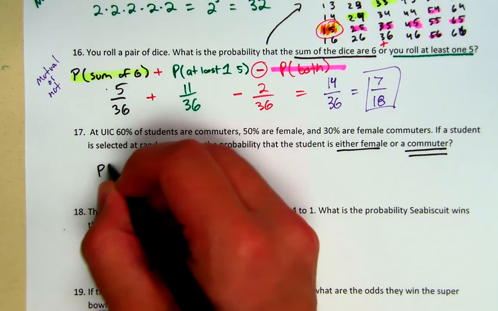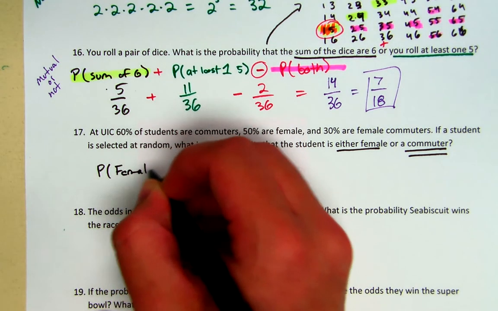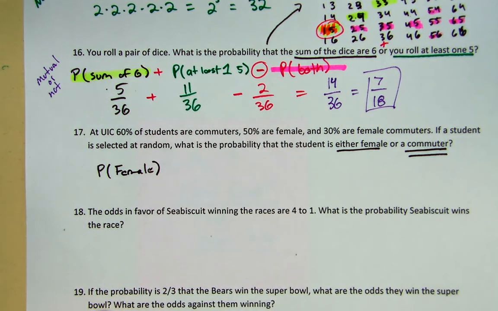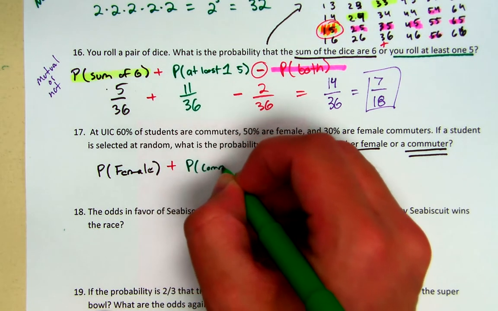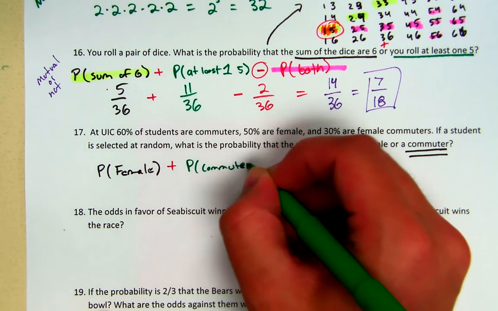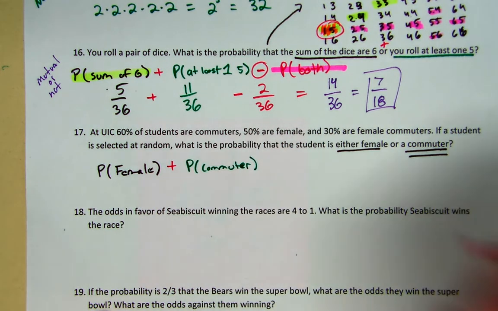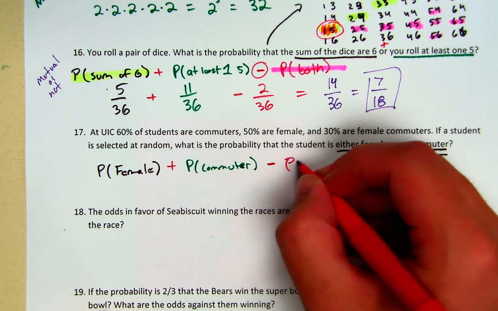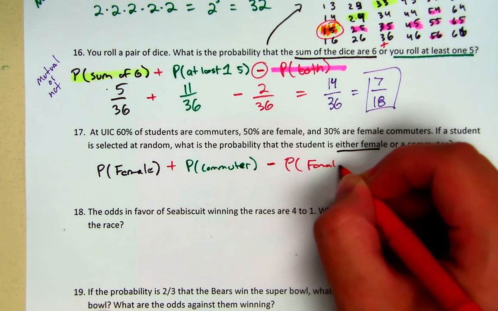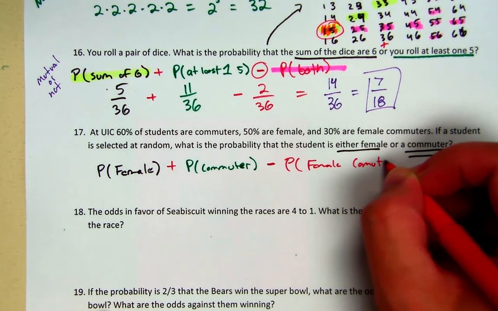So we have the probability of female, add on the probability of a commuter, and again subtract out that mutual overlap, the probability of a female commuter.